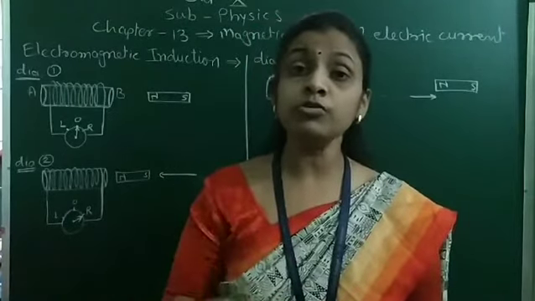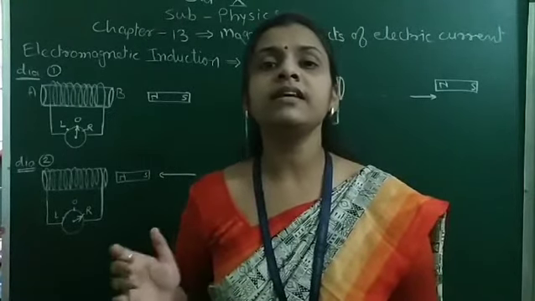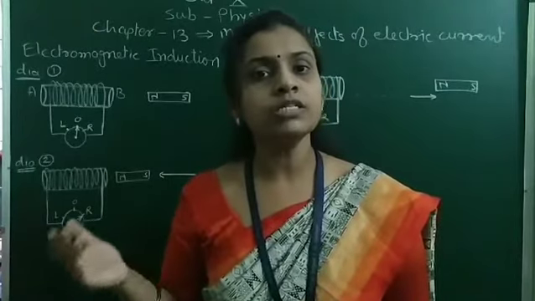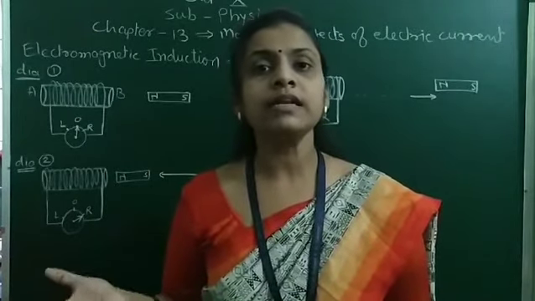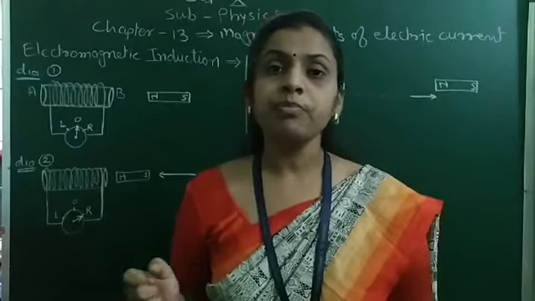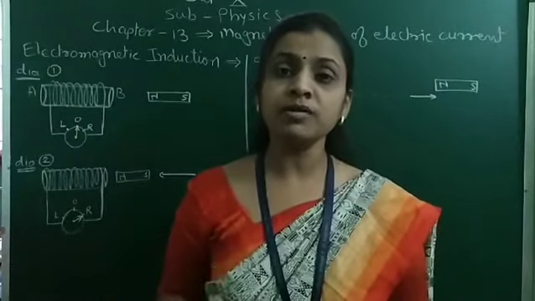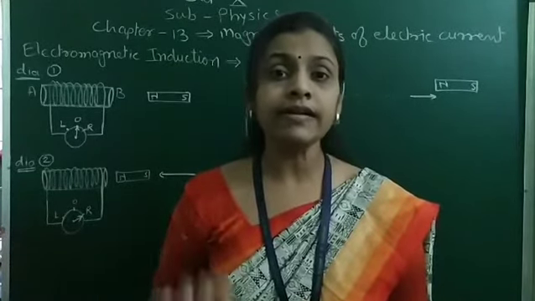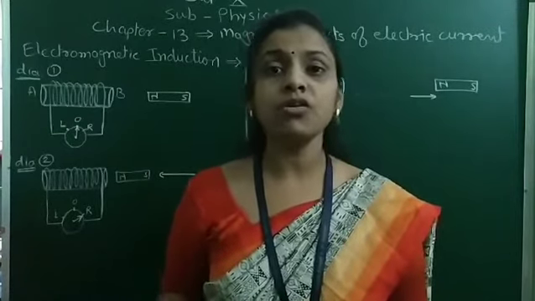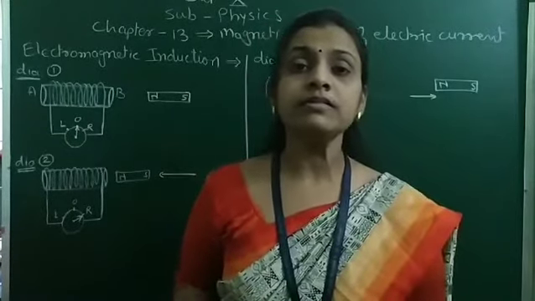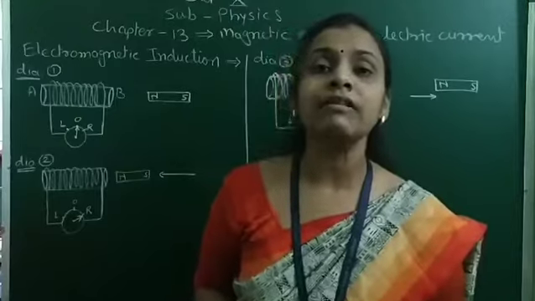So how much current flows is measured by the ammeter, but whether current is present is detected by the galvanometer.